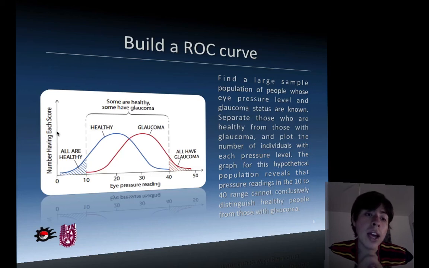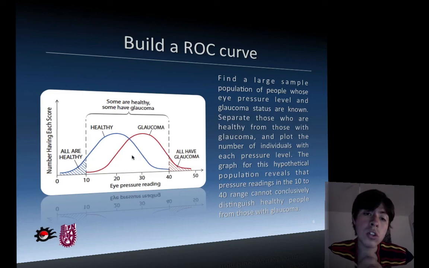We have on the y-axis the number having each score. So we can see here in these plots they overlap each other, and they overlap in the range from 10 to 40, meaning that in this area from 10 to 40 there are some people that are healthy and other people that have glaucoma, but they overlap, so we cannot state exactly how many people are actually healthy or how many people are not.